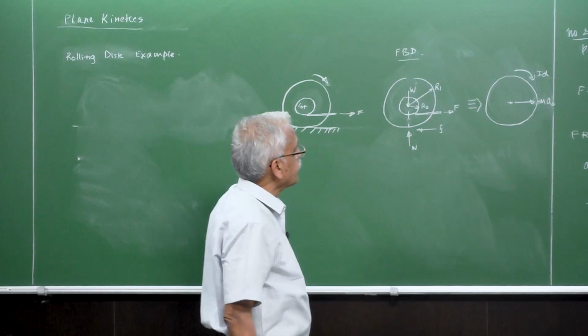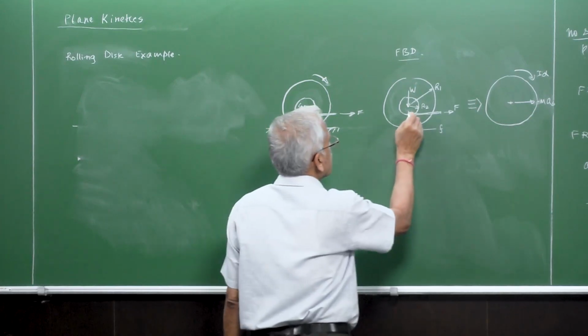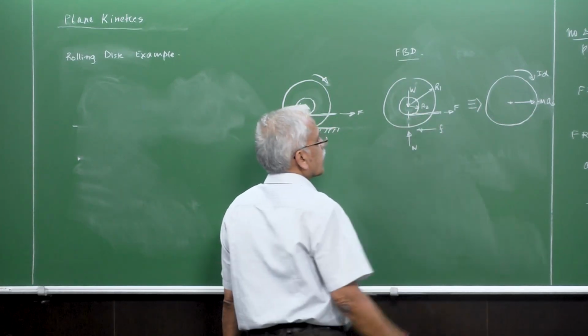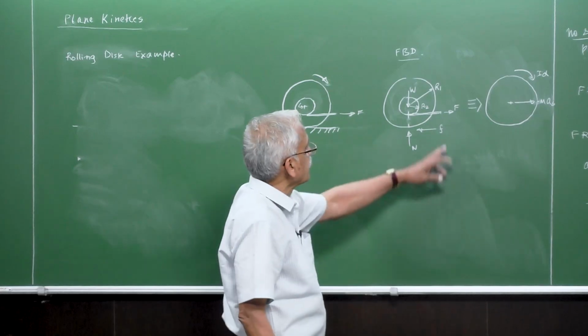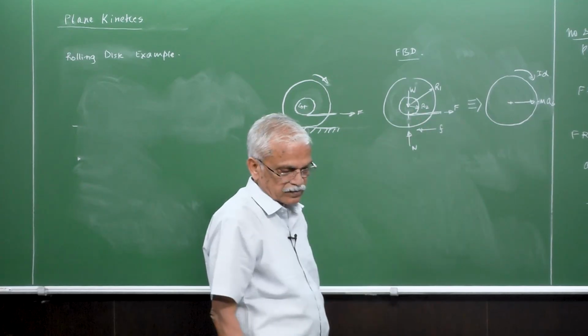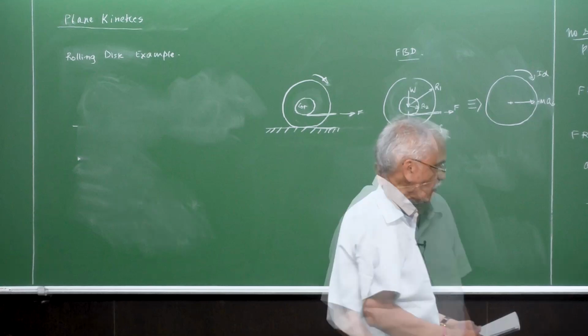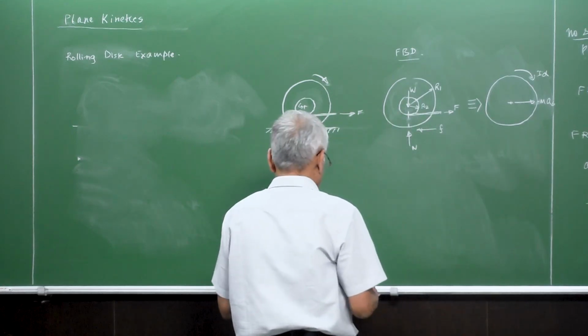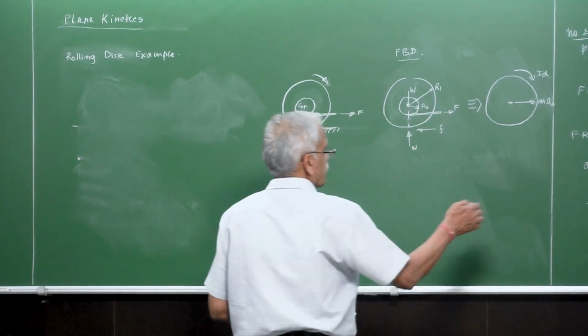So the free body diagram looks almost the same, except that this horizontal pulling force on the rope is shifted by a distance of R2. Okay, so we can go through the same procedure.